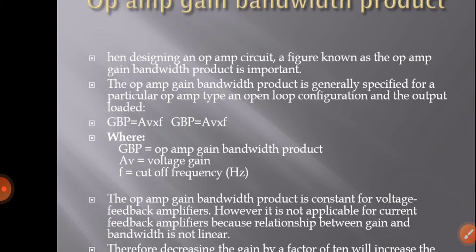The op-amp gain bandwidth product is generally specified for a particular op-amp loop configuration with the output loaded. GBP means gain bandwidth product, voltage gain times the cutoff frequency. We can call it the cutoff frequency. We can call it the gain bandwidth product.